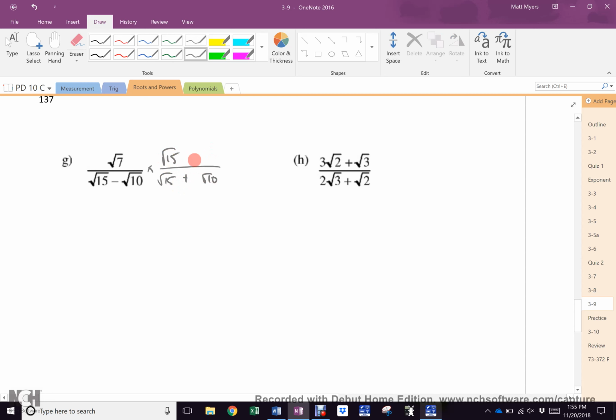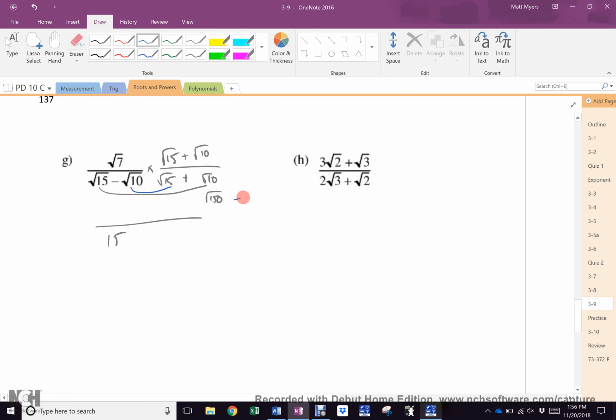No, you cannot do root 25 because that is not how radicals add, which we talked about 3 days ago. Plus root 10. Now, what is root 15 times root 15? 15. What is root 15 times root 10? Positive root 150, yes? What is negative root 10 times root 15? Negative root 150. Thought bubble. Root 150 for right there.